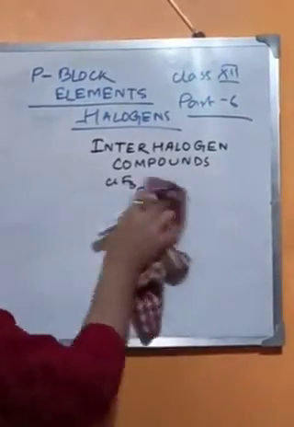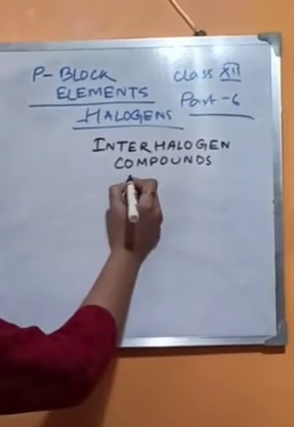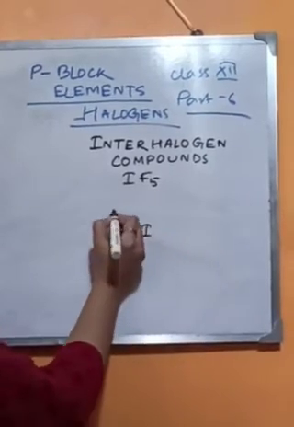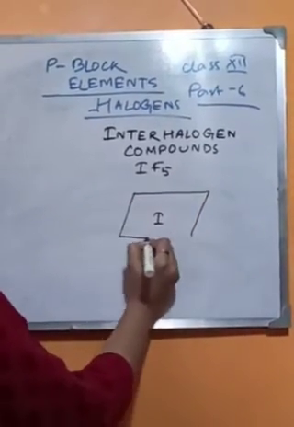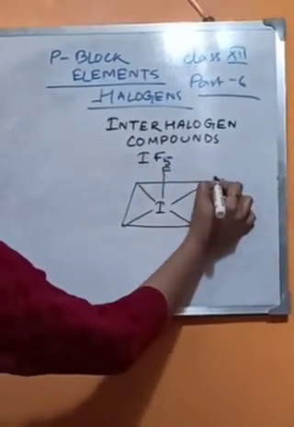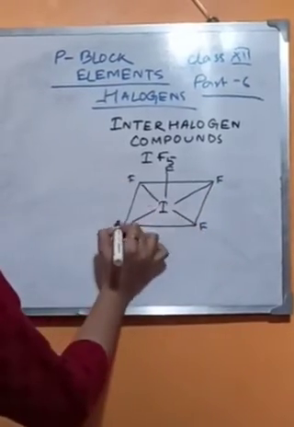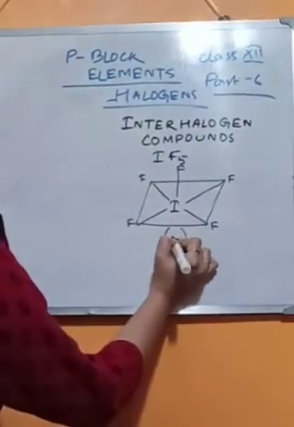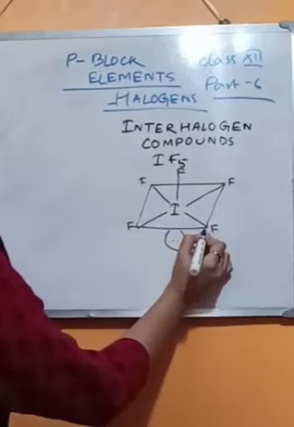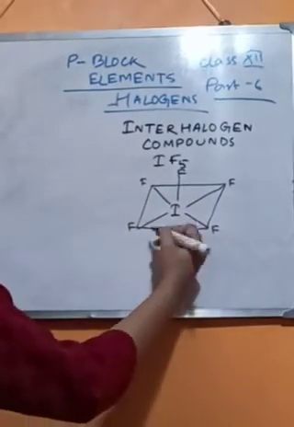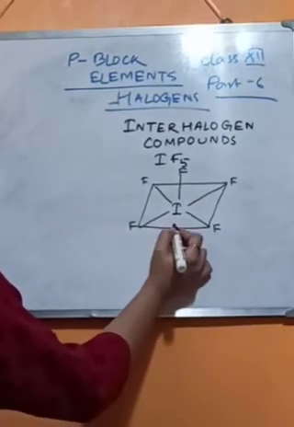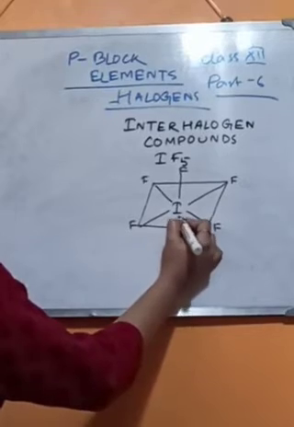The next compound is IF5. I is the central atom. Okay, see, since this lone pair is below the plane, we can show like this, that this is the plane and this lone pair is below the plane.